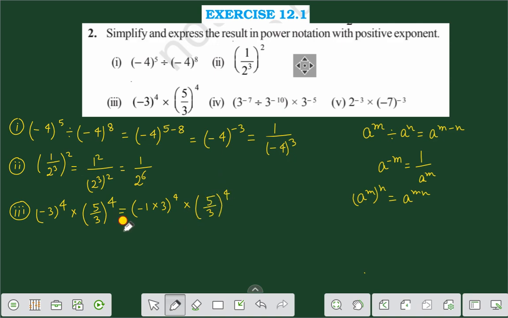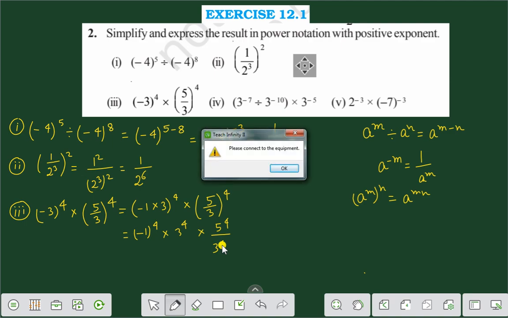Or it can be written as (-1)^4 into 3^4 into 5^4 by 3^4.